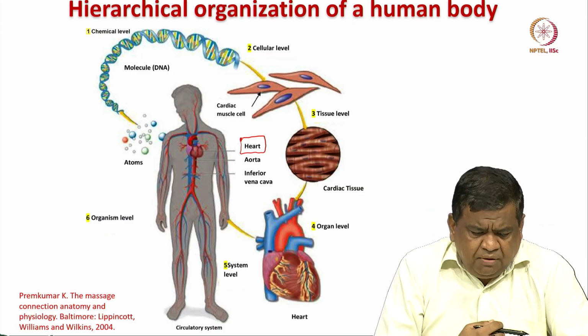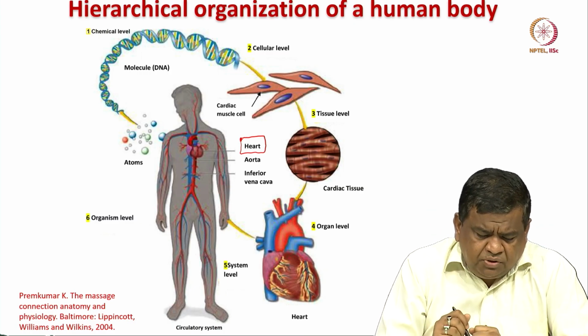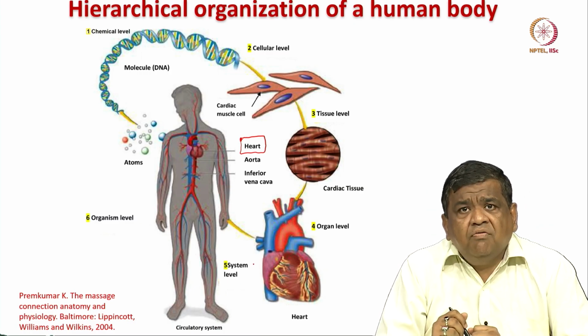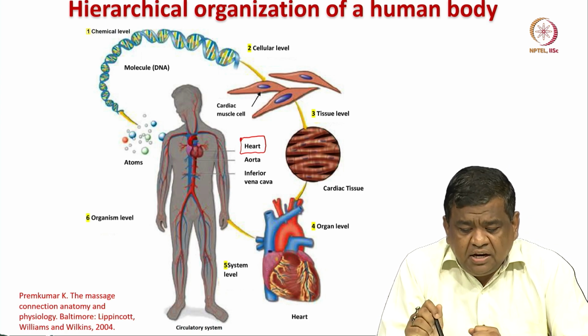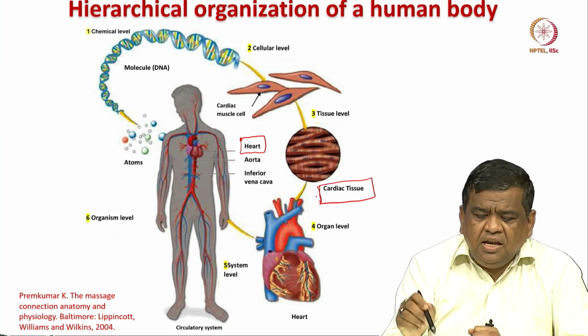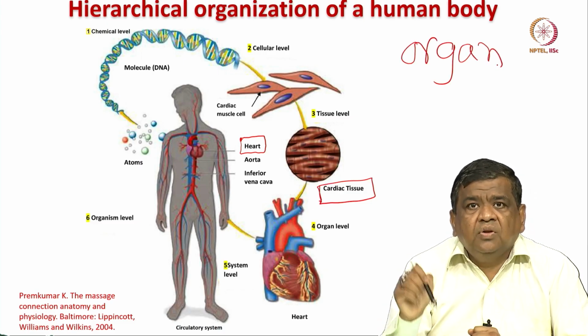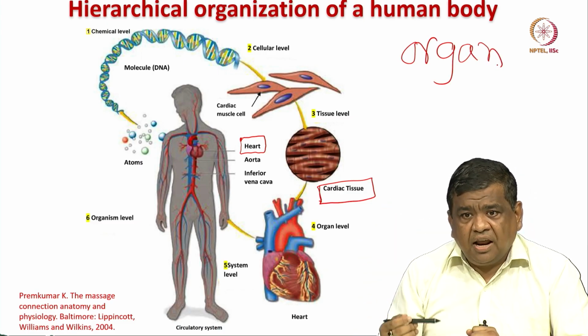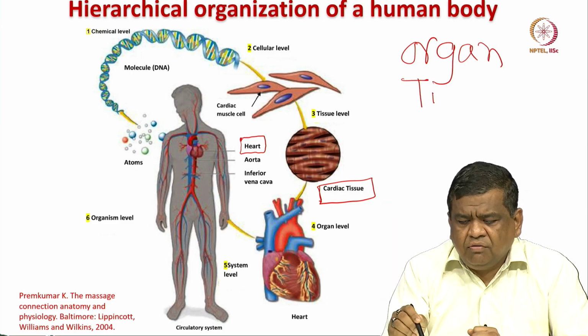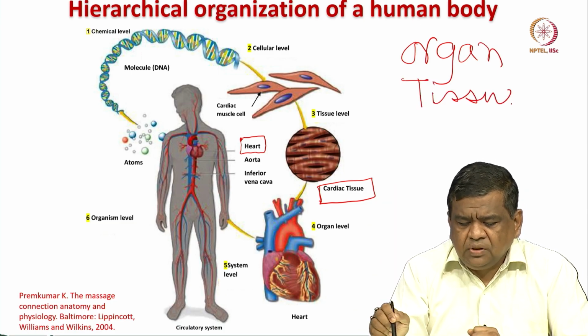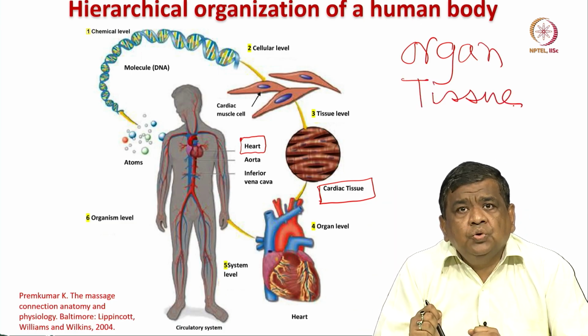Now, let us say this fully functional heart is composed of cardiac tissue. So, essentially organ is at the highest level. Then if you go down the hierarchy, you have tissue. So, you have the cardiac tissue.